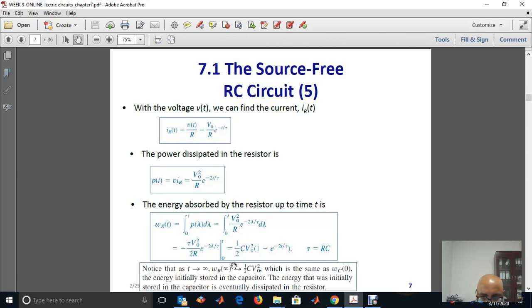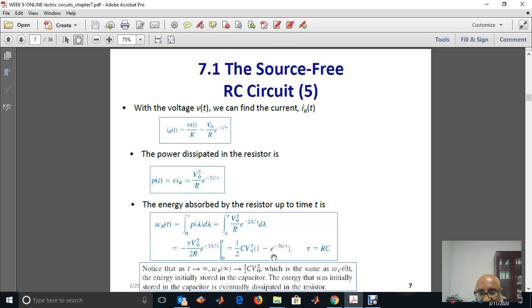And if we integrate this, we have 1 over 2 C V naught squared times 1 minus e to the power of minus 2 t over tau. Now, if we see this equation, the energy absorbed by the resistor at t equal to 0 is 1 minus 1, which is 0.